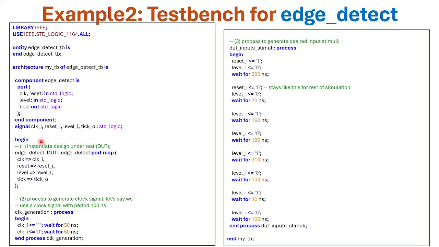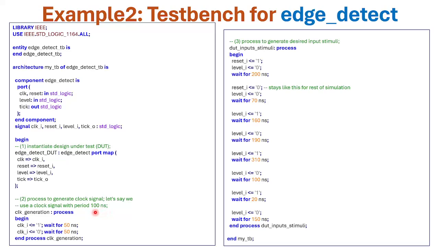And then within the begin and end of this, we have two processes in addition to the port mapping that instantiates that design under test inside this test bench. Here is the process that we always use to generate a clock signal that our sequential circuits will need.